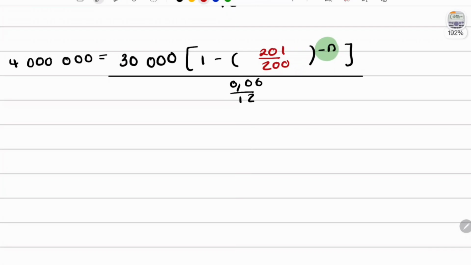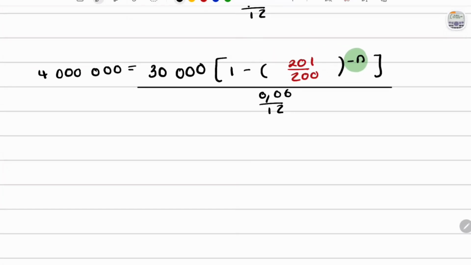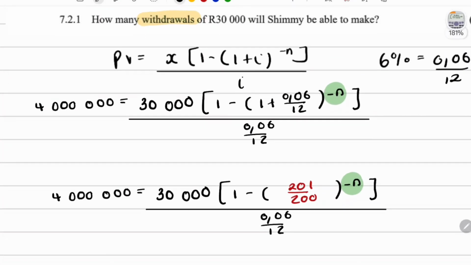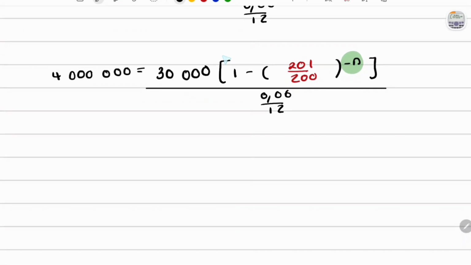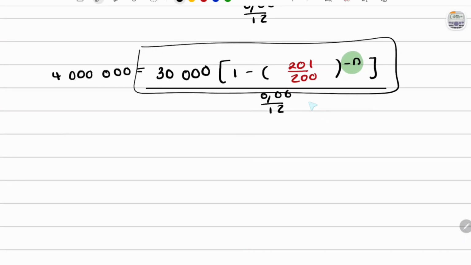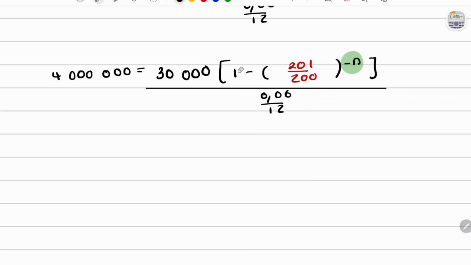Okay, so when we're simplifying, we can go ahead and divide. Because I already wrote this, I'm just going to simplify from here. You see this is your numerator and that's your denominator. Because they're being multiplied, what you can actually do is allow the 30,000 to take that denominator.